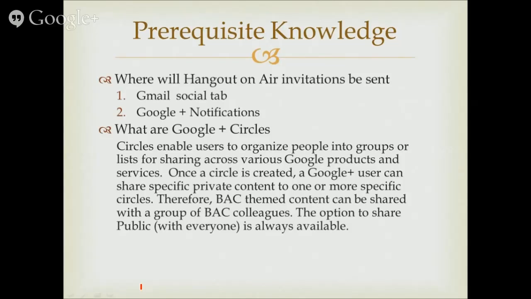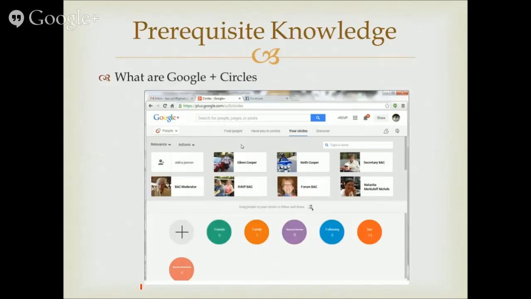Once it's created, a user can share specific private content to one or more specific circles. So we've set up a Beaver Ambassador or BAC circle. Beaver Ambassador Club themed content can be shared with a group of your colleagues that are in that particular circle. You can also share with the public; that option is always available.